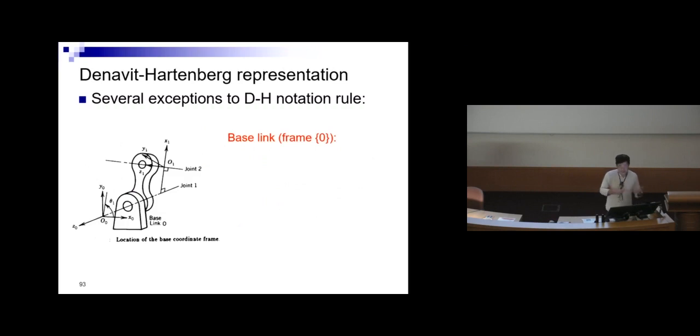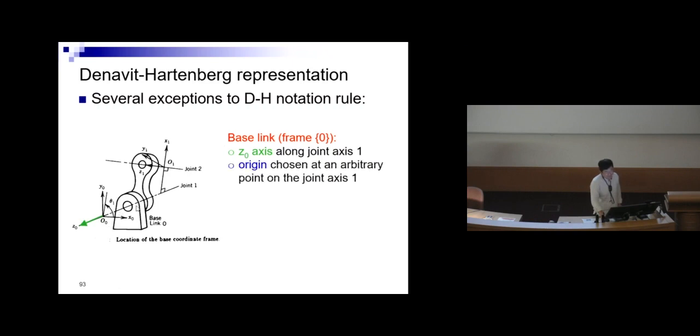And then of course, your base link will not have O_{-1}, so you have to consider how you handle the O_0 as well. The z_0 axis will typically be along the joint axis. So you start off with the joint. You know very well the joint, there's a specific joint, and you know the joint axis, and then you have z_0 defined along that. The joint axis is a very good indicator. It's very useful.